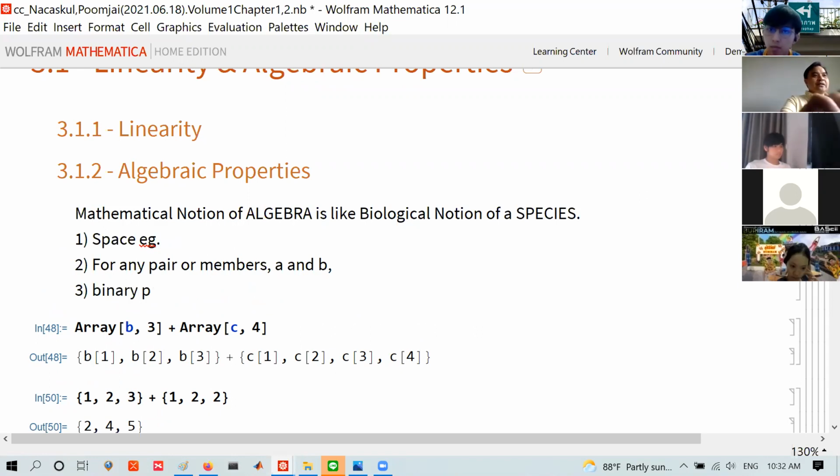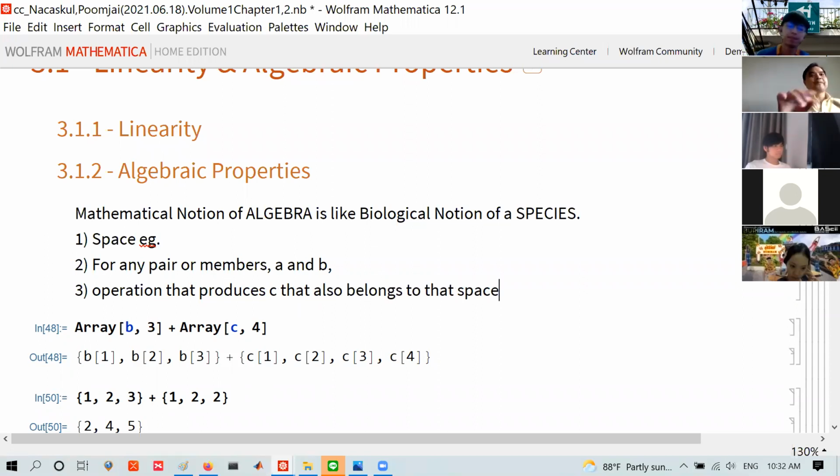For now, I'll just call it operation, that produces C that also belongs to that space.